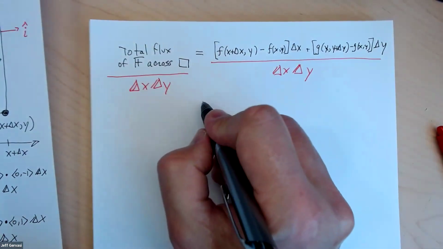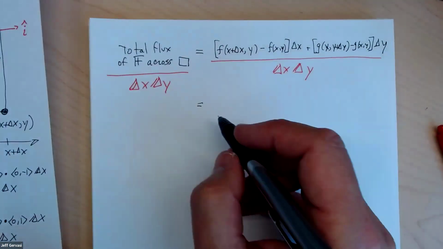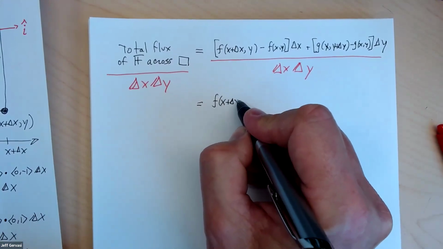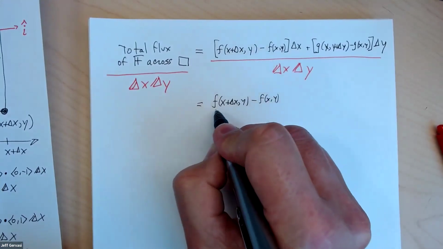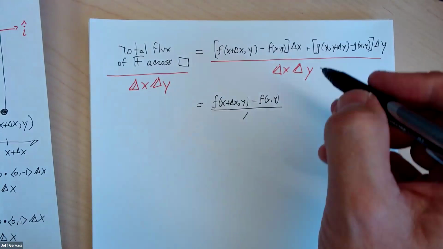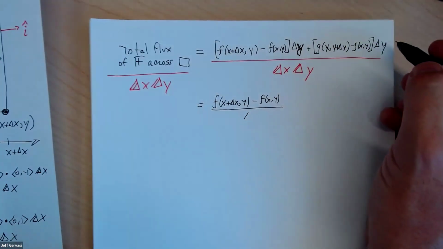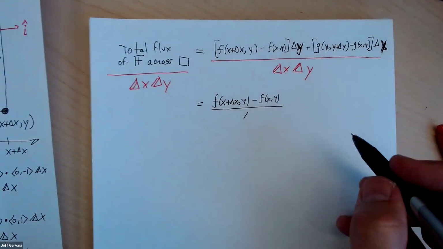Now here, notice after careful canceling of common factors, we're going to get the following. Oops, this should be a y, shouldn't it? My mistake. This should be an x. I'm getting a little sloppy.